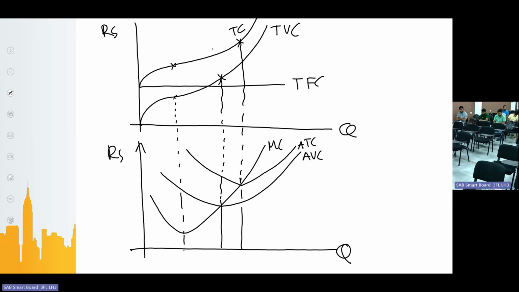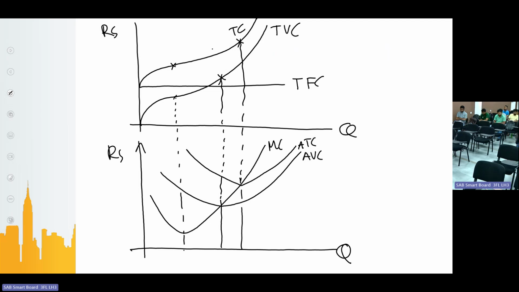So initially, average total cost increases at a decreasing rate, then starts to increase at an increasing rate. That is the opposite behavior of production. Production initially increases at an increasing rate and then starts to increase at a decreasing rate. And after reaching the maximum point, it starts to decline.